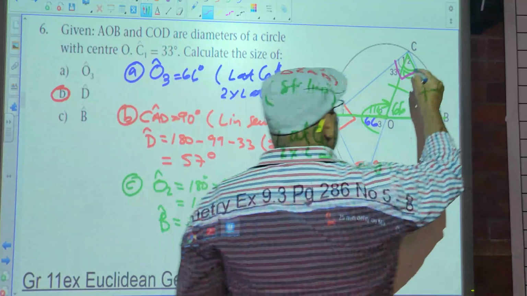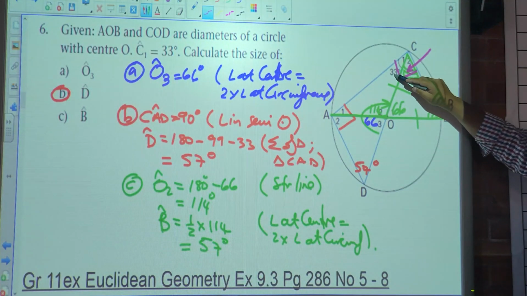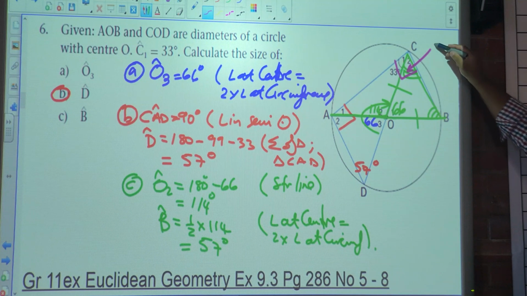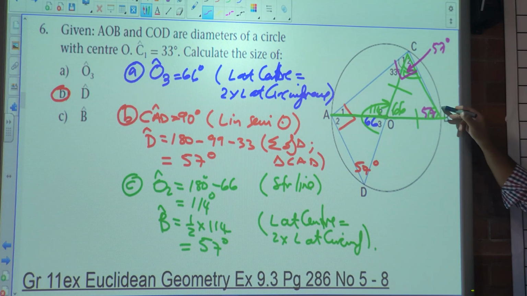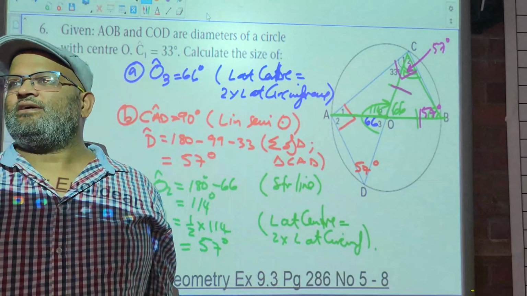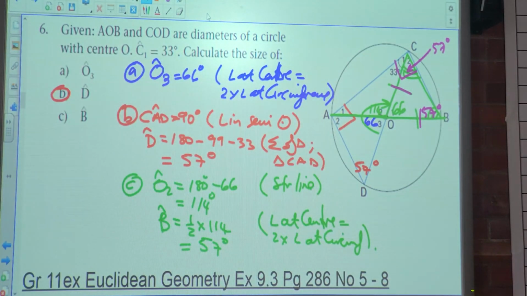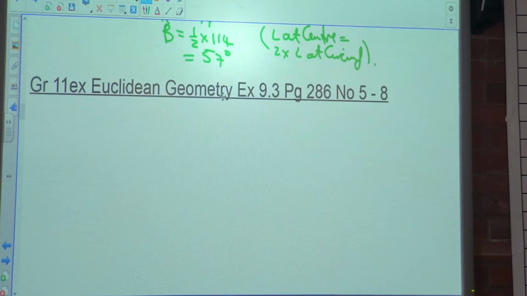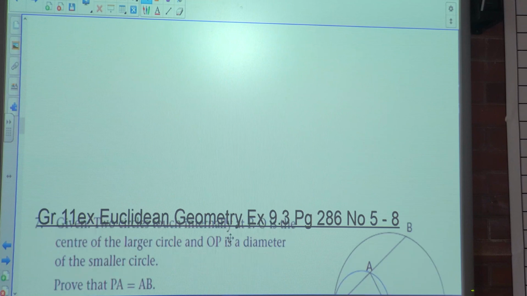Then I work out this angle here, 90 minus 33, which is 57. And then this is 57. Why? Angles opposite equal sides. Understand? That's what makes geometry so easy. There are many ways of solving the same thing. Alright? People, let's look at question 7.